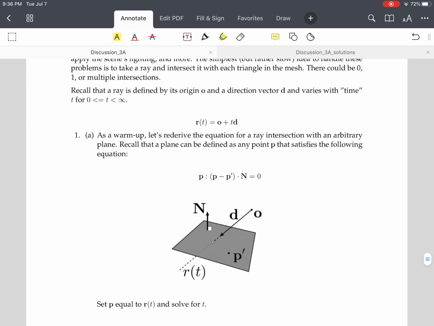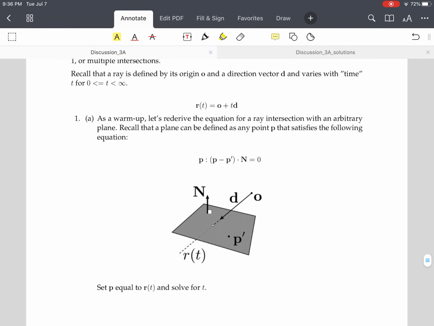Okay, so as a warm-up, let's rederive the equation for a ray intersection with an arbitrary plane. Okay, so the equation for a plane is given right here. It's P minus P prime dot N is equal to 0. So N is the normal, P is just any point on the plane, and then P prime is another point on the plane.